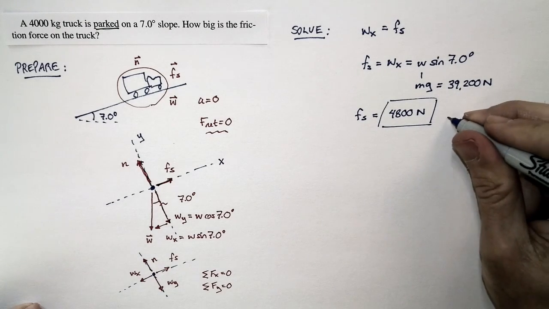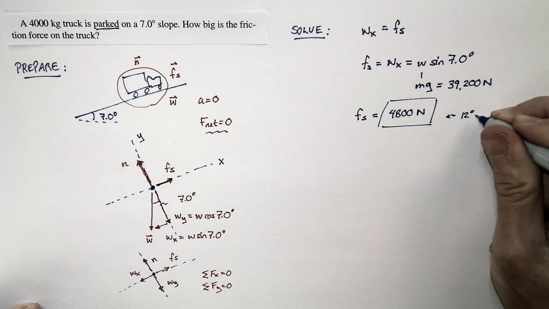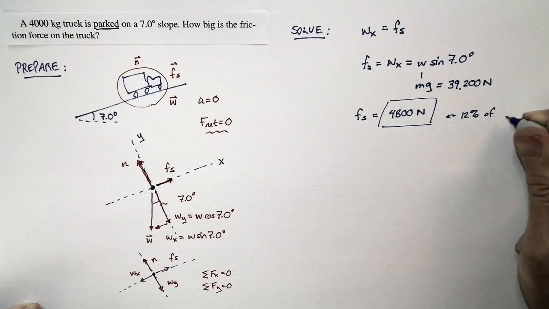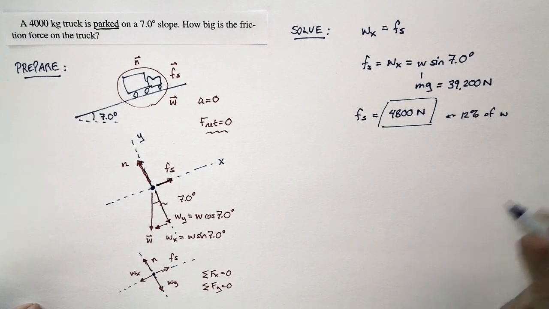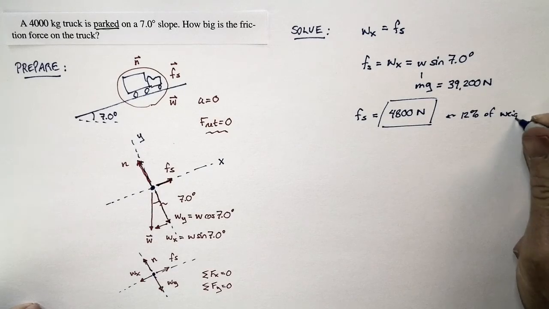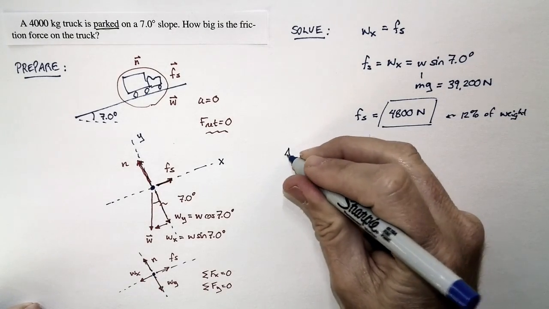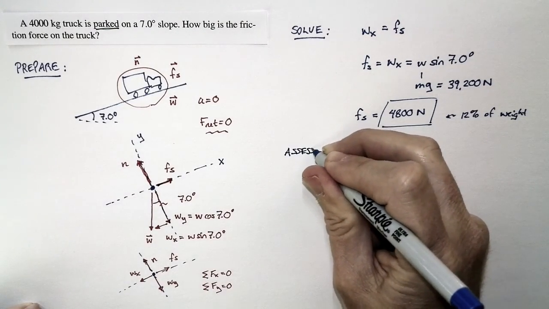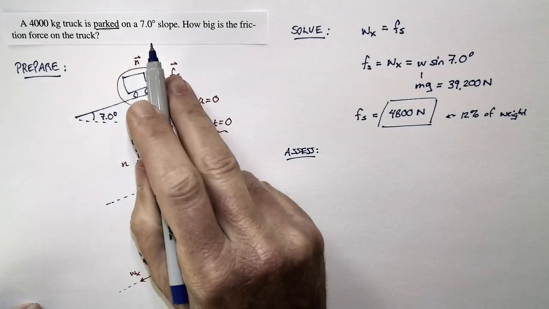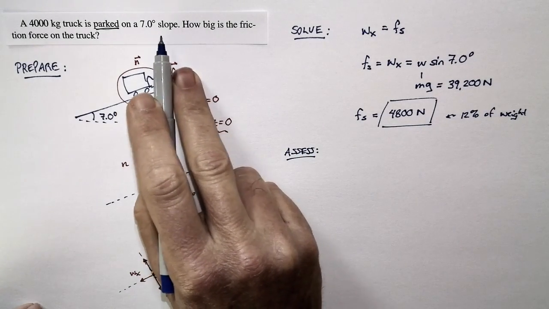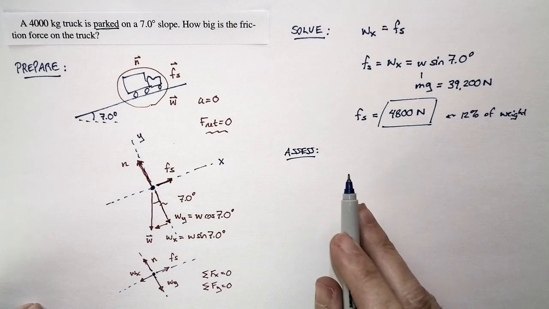Now I'm going to note something. This is approximately 12% of the weight of the truck. It's about 12% of the weight. And that'll help me do an assessment. A 7% grade or a 7-degree slope is steep, but it's not super steep.